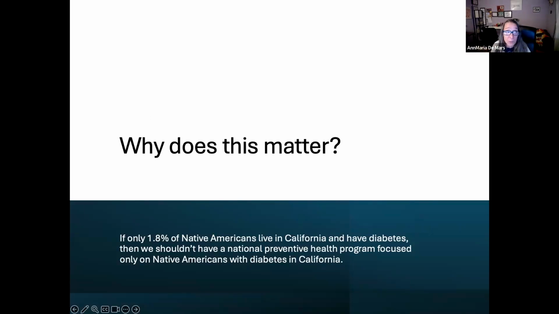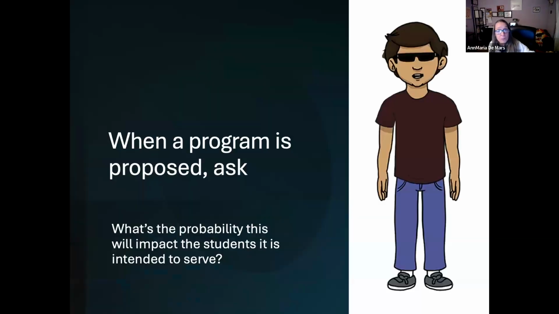As someone who reviews grants, I very often see proposals for research or service programs that have only a tiny probability of reaching the people they are intended to serve. So when a program is proposed, ask: what's the probability this will impact the students it is intended to serve? If a program for students with special needs focuses on blind students, what percent of your students within special education are actually blind?